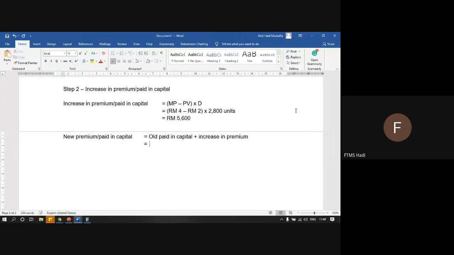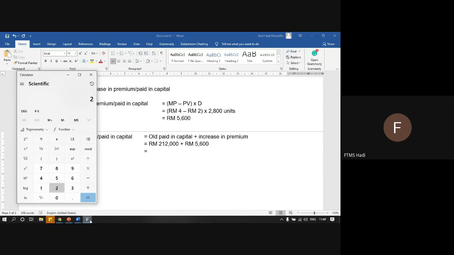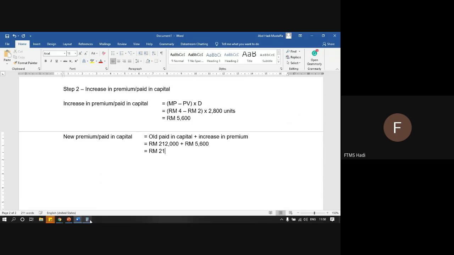You just update, plus the increase in premium, which is this one, bring it down there, RM5,600. So you will get 212,000 plus 5,600, 217,600. Okay, that is the second part. That's why this question has high marks, because there are so many steps to go.